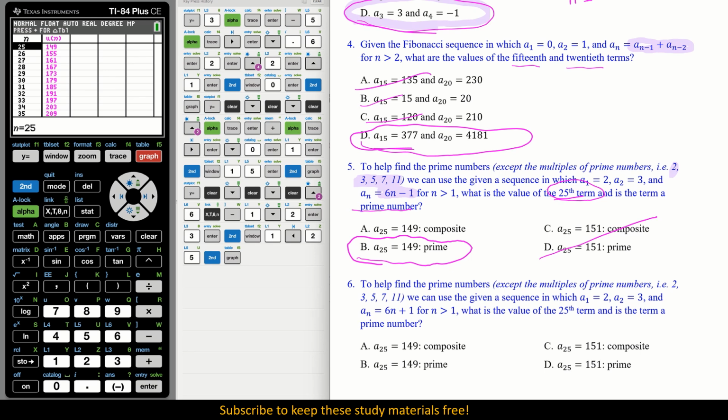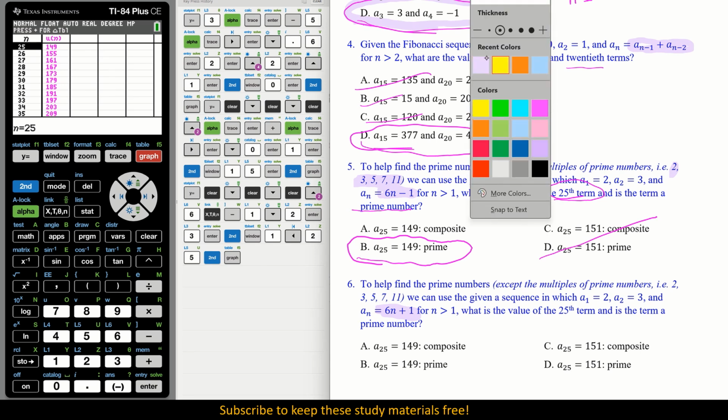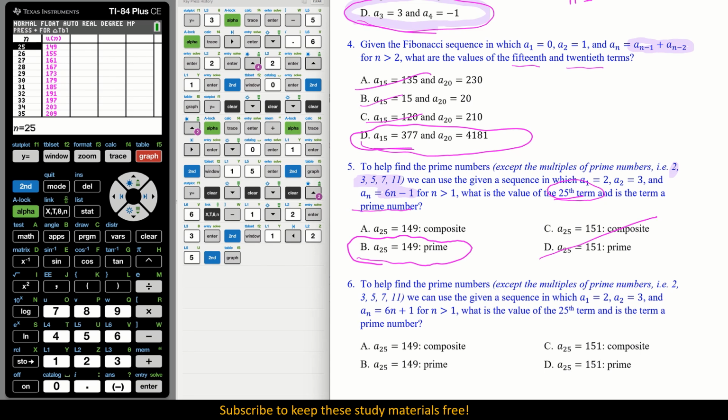Okay, great. So number 6 says, to help find the prime numbers, it's exactly the same. A given sequence 2, a(1) is 2, a(2) is 3. And the only thing I see different is right here. Actually, let me change this so you can see that it's a plus instead of this minus.